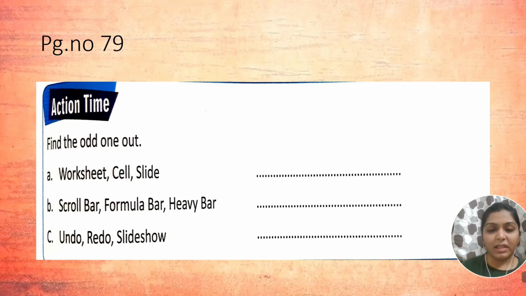We have seen a cell. But have we seen a slide? Did we see any word like slide? No. So that is the odd one out in A. So in the blank you will write slide. In the same way for options B and C, you will find it, read it and do it on your own.